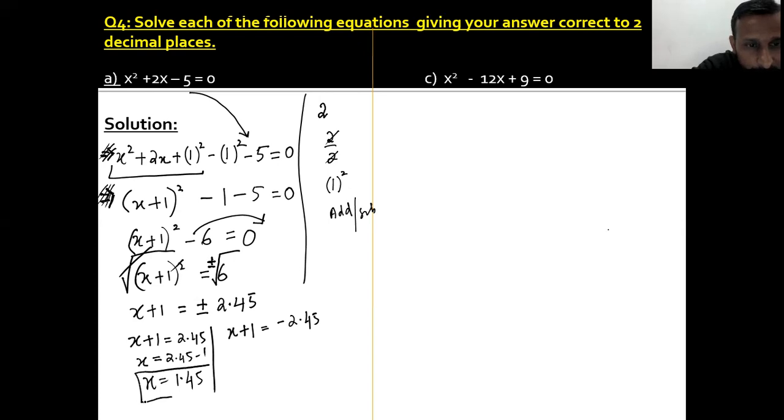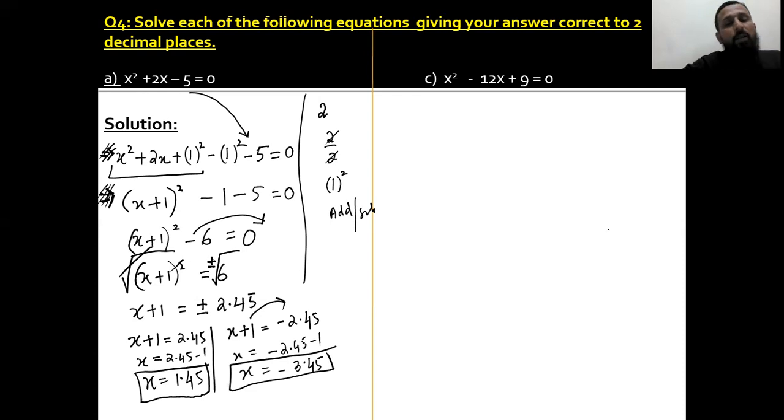That's the first answer. Likewise, x equals minus 2.45 and minus 1. Add up the two negative numbers, you have minus 3.45. So dear students, I hope this makes sense to you all.